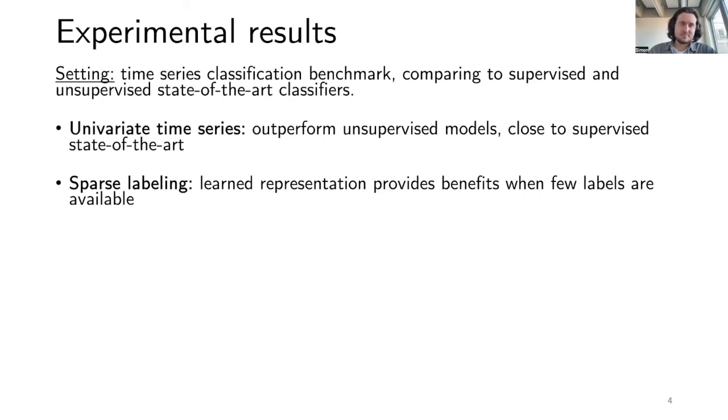They show that this is in fact the case: pre-processing with their representation learning algorithm provides benefits compared to other approaches that only rely on the very few labels in a supervised setting. That's the claim that's made here.